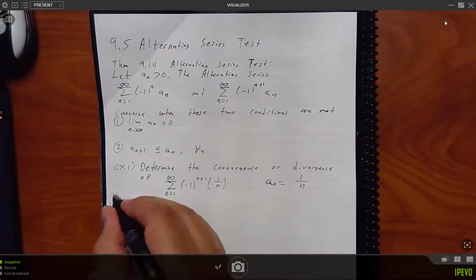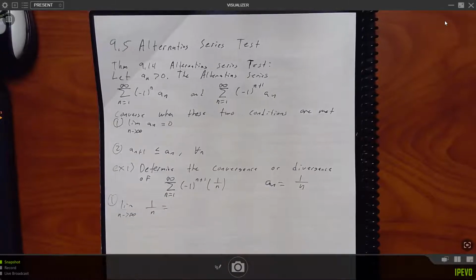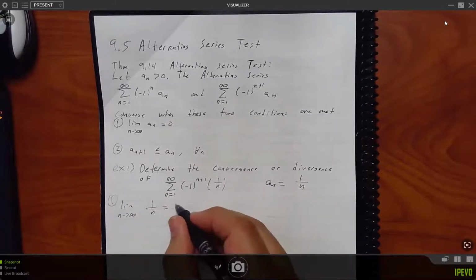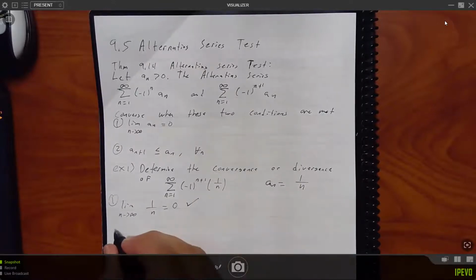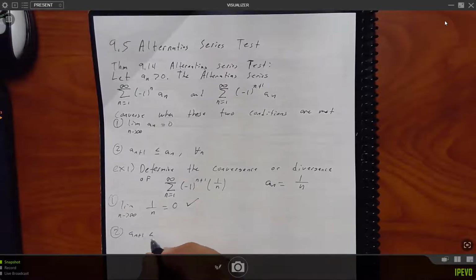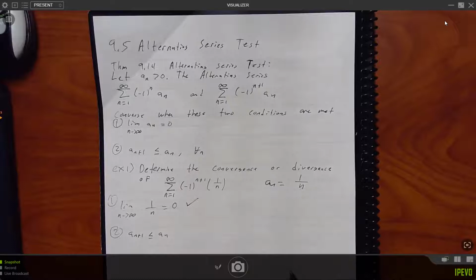I'm checking number 1. It is indeed 0, correct? So we're good. Now check number 2. Is a sub n plus 1 less than or equal to a sub n, meaning, is it decreasing?